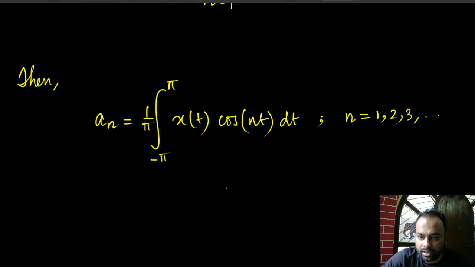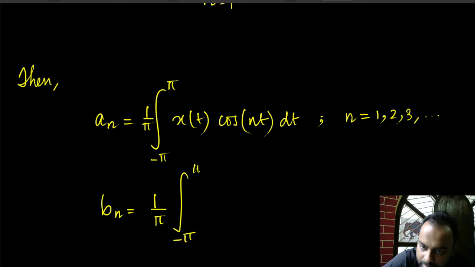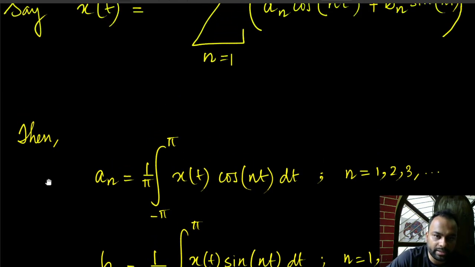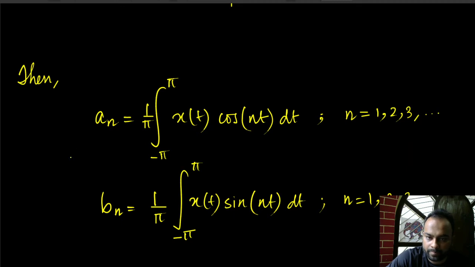Already we established that. So again, bn, all the coefficients of the sinusoidal components, can be expressed this way. So these are the coefficients of the sinusoidal components.